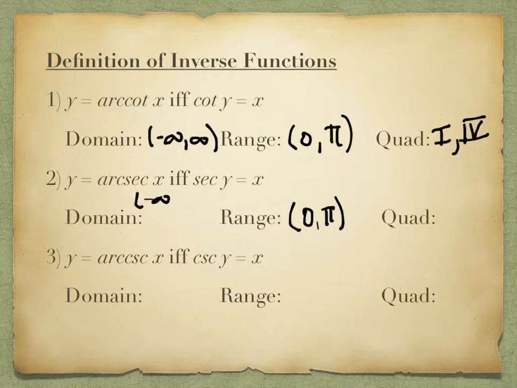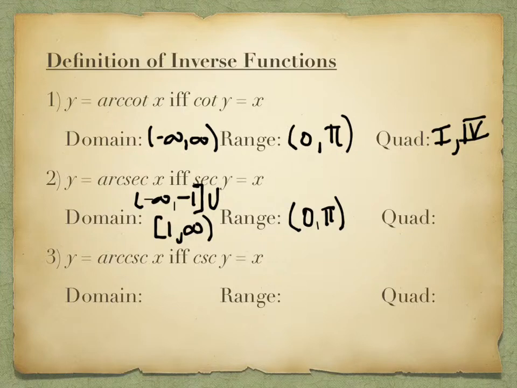This is negative infinity to -1. And I have to put a parenthesis because I can't actually equal that negative. I'm sorry, no I don't. I take that back. A bracket. I can equal the -1 value. And then I'm going to do a union, and I'm going to go from 1 to infinity. So I've got a gap between -1 and 1. As you can see, the graph of secant, there aren't any secant values. There's cosine values, but there aren't secant values.